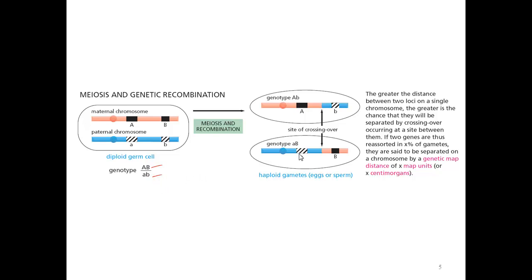However, because of crossing over, you can have unique combinations where this material is crossed over and someone can inherit a large A but a recessive version of gene B. The farther the distance between A and B, the more likely a crossover event is to occur between them. If the 2 genes are very close, then it is unlikely that a crossover event will happen.